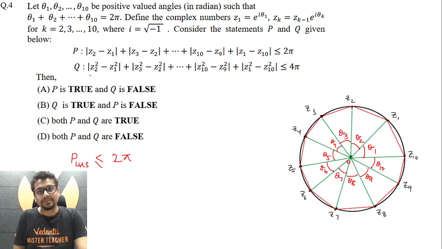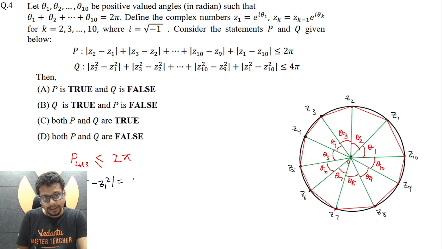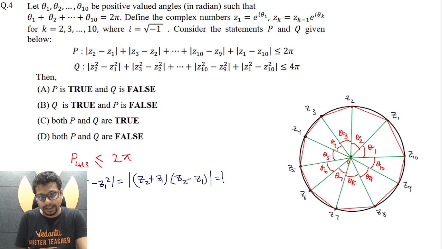Now coming to statement Q, here let's consider the first term, mod Z2 square minus Z1 square. Can I say it is essentially Z2 plus Z1 multiplied by Z2 minus Z1? Basically, mod Z2 plus Z1 times mod Z2 minus Z1.